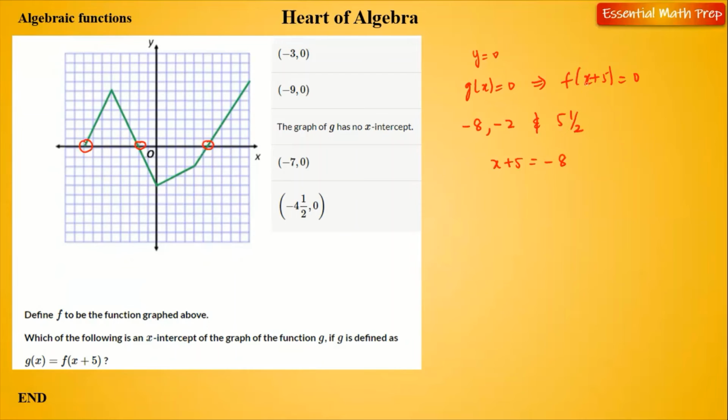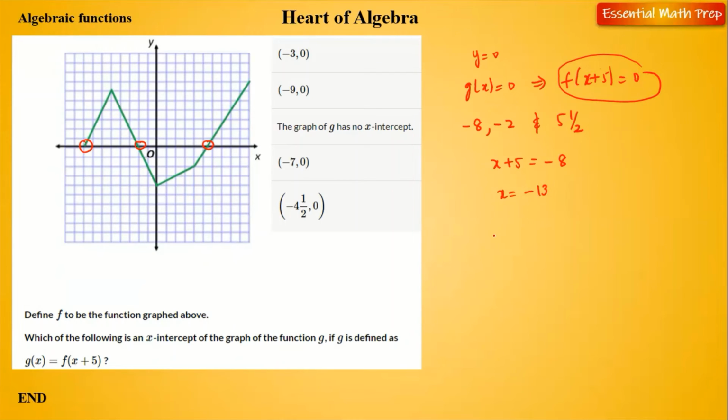This whole thing is equal to 0. That means x plus 5 had been -8, so x equals -13.